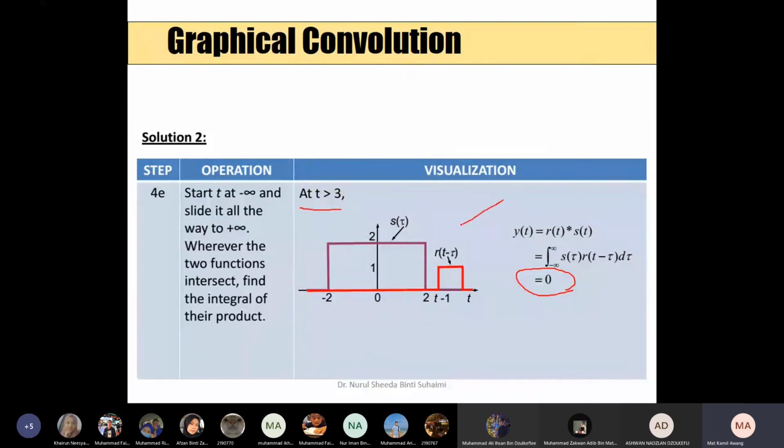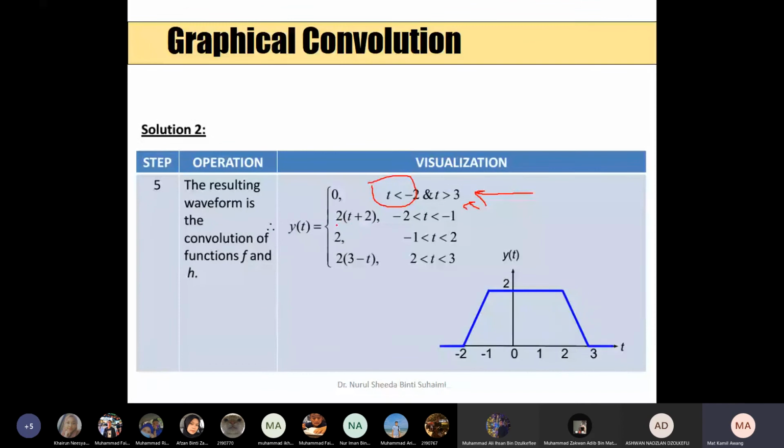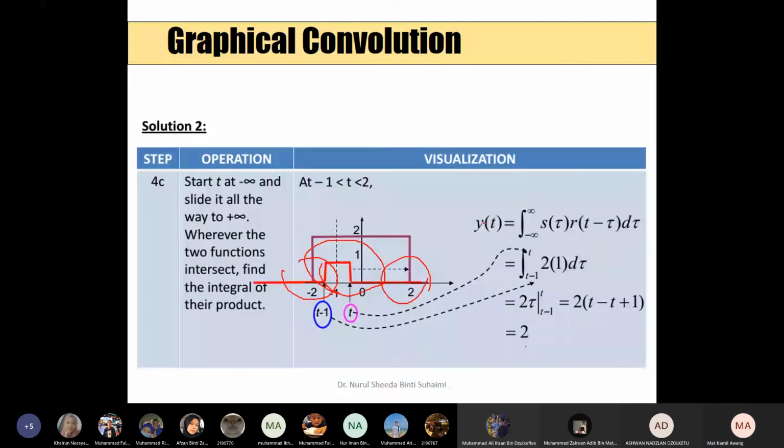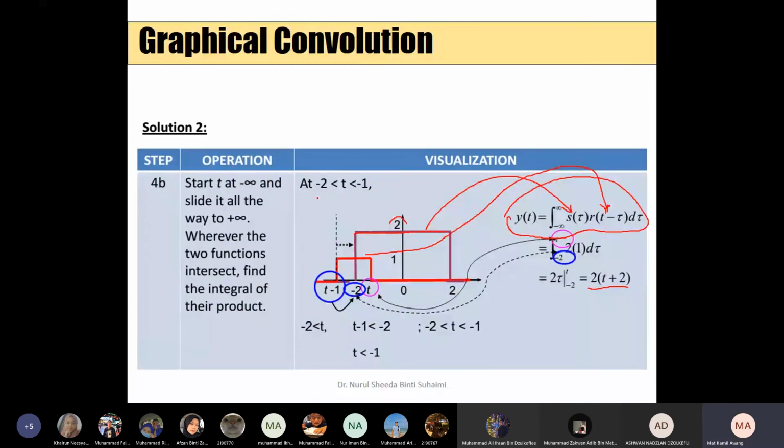This condition, okay. And 2t plus 2 comes from this condition, okay.